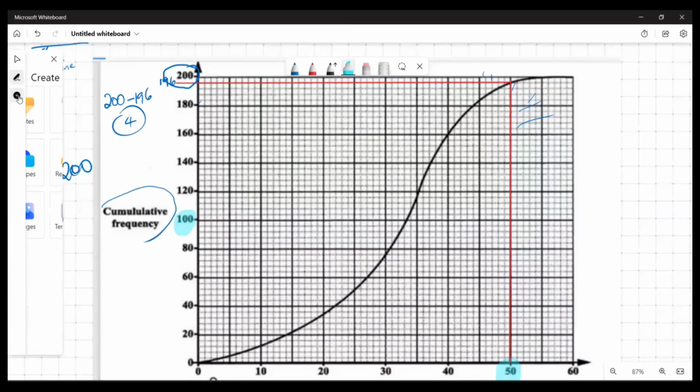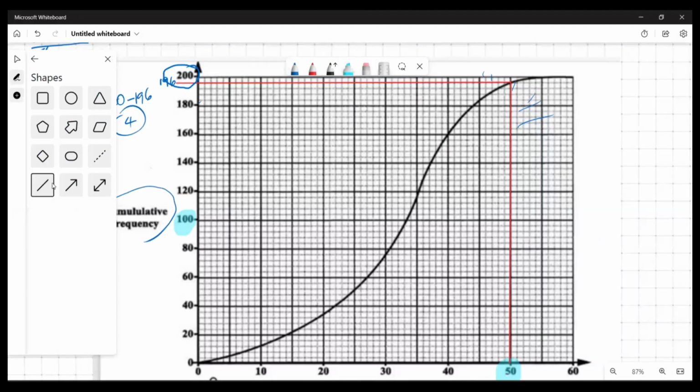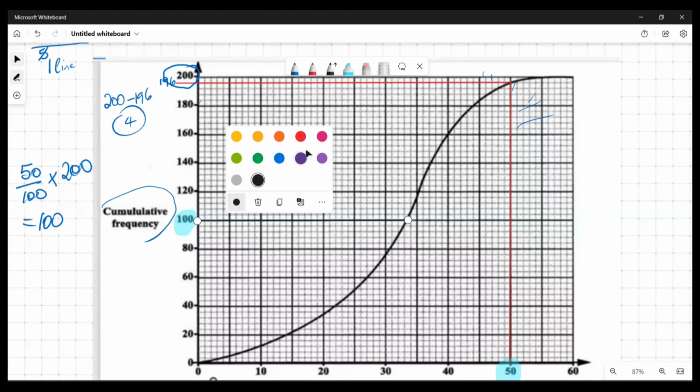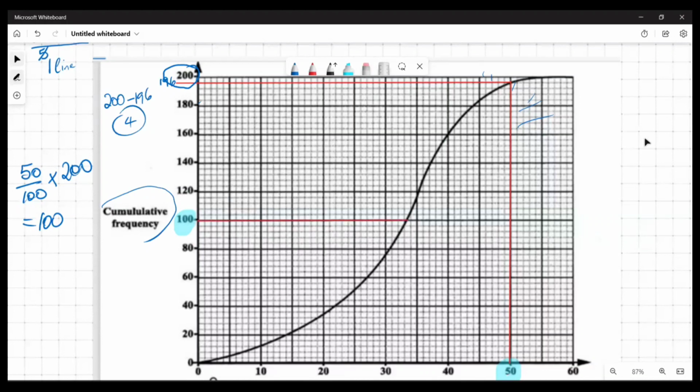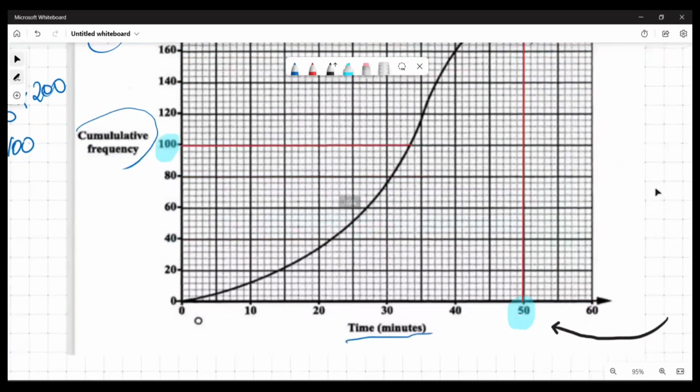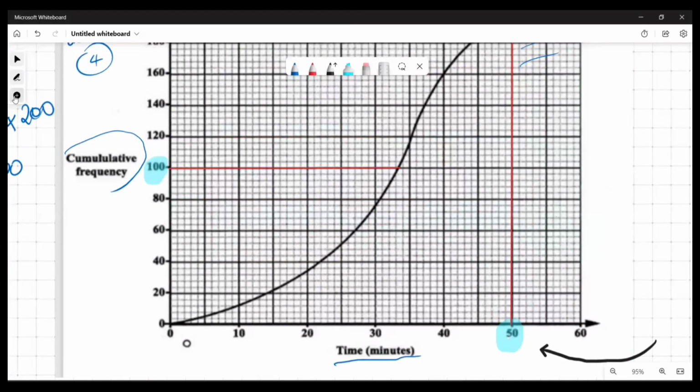So we're going to have to take that 100, and we're going to draw the line until it touches the curve. The moment it touches the curve, that's when we say, okay, it touched the curve right there. So now I see where it touched the curve. I need to take that down.